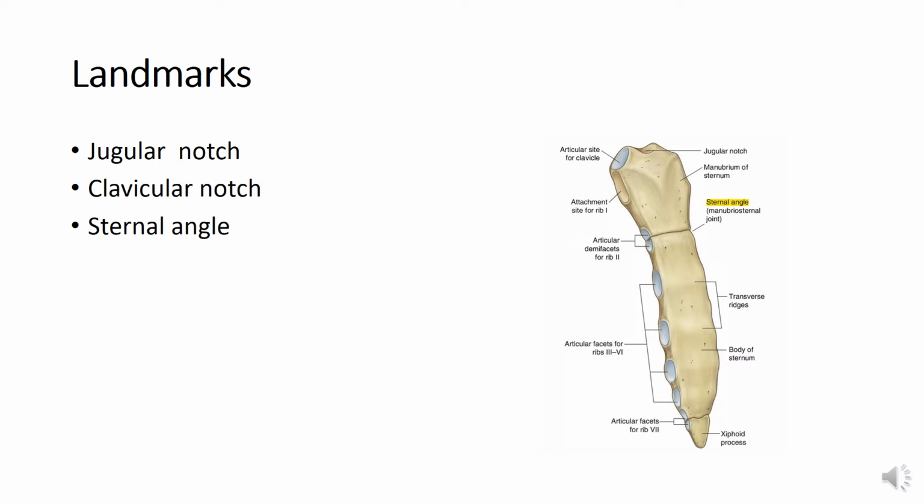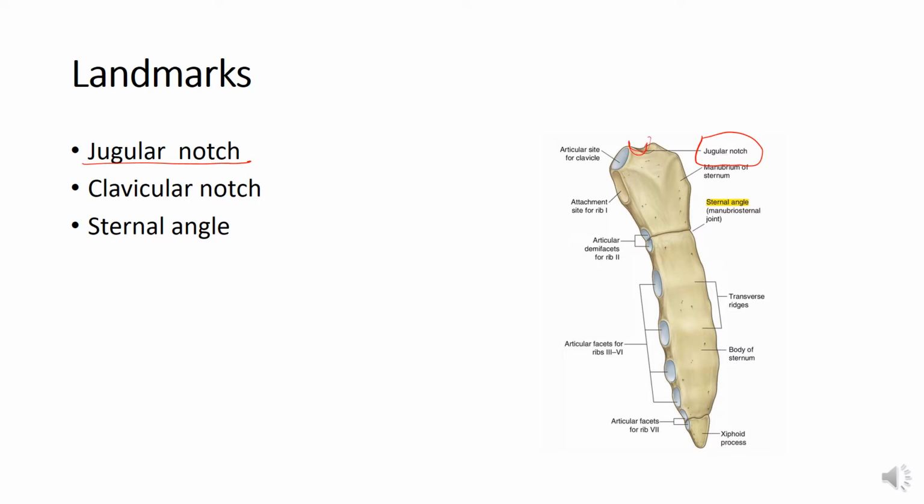So some of the important landmarks on the manubrium is the jugular notch. So this is a depression in the middle of your chest at the upper end of the sternum. This is also known as the jugular notch, this one.